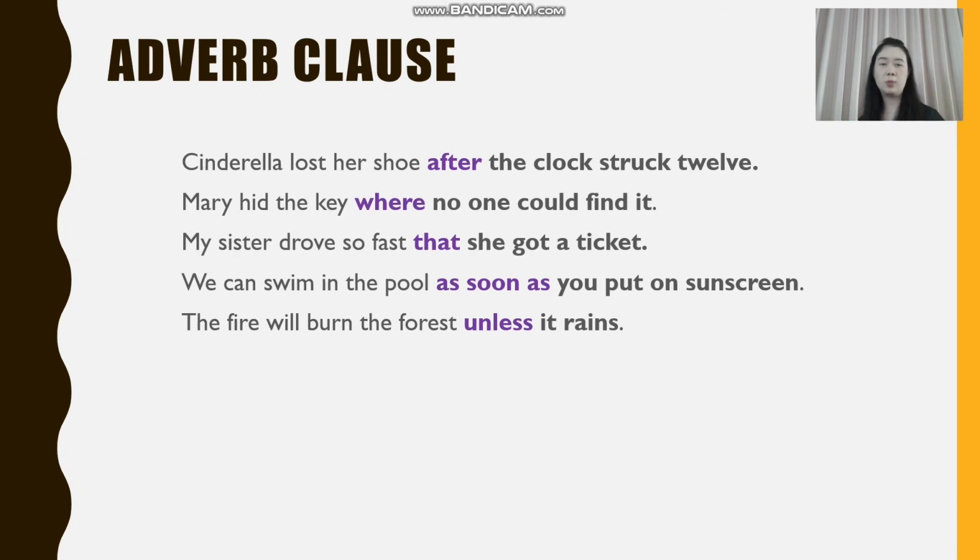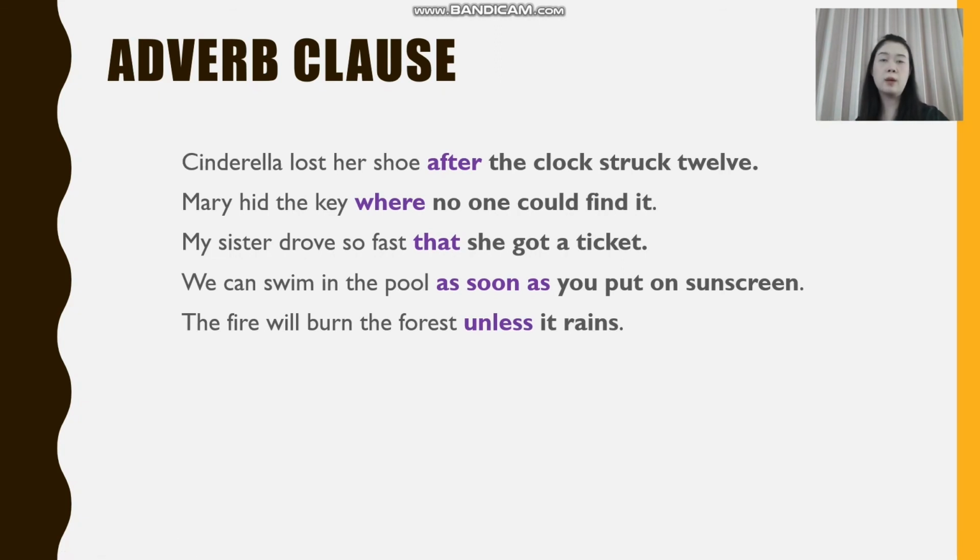And for the adverb clause, we're using some kind of subordinating conjunction to introduce the clause, and that clause is used to modify a verb, probably an adverb, in the sentence or even the whole sentence.